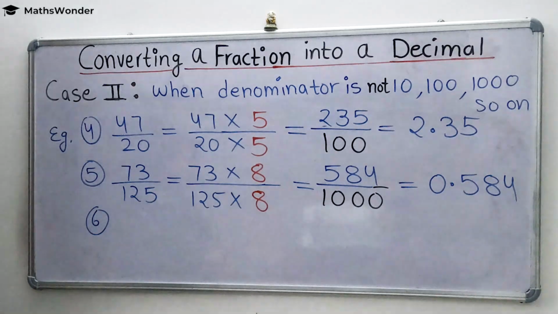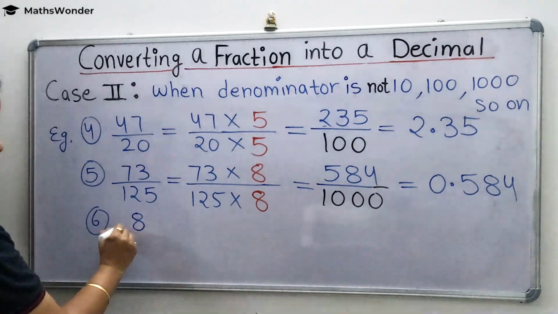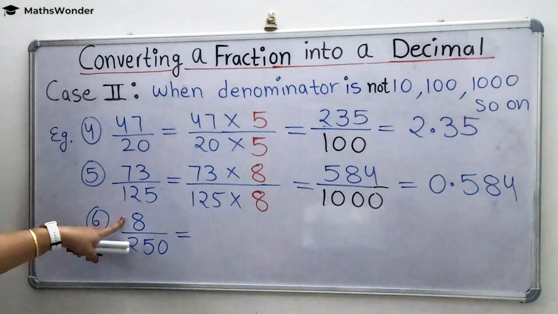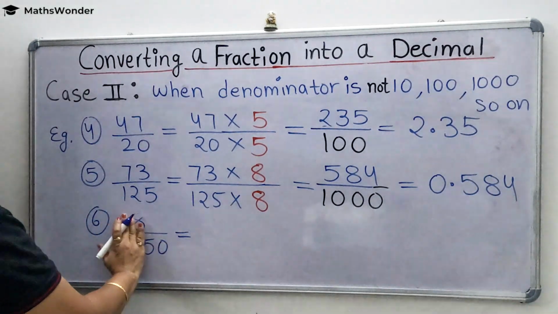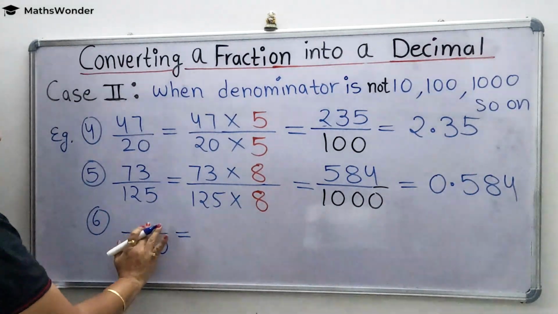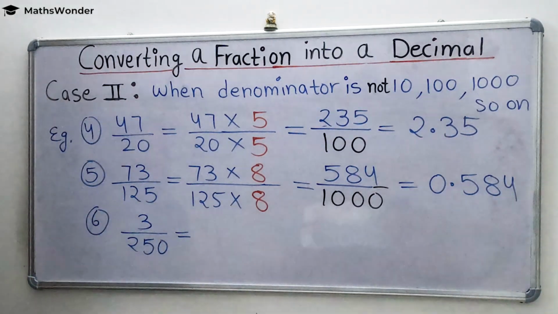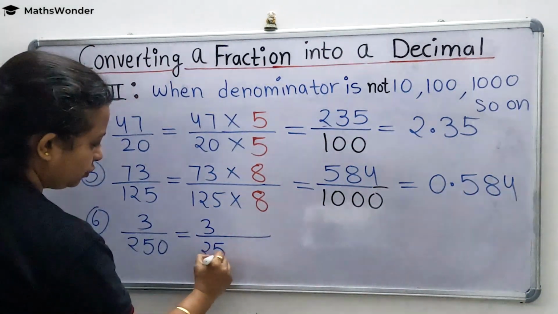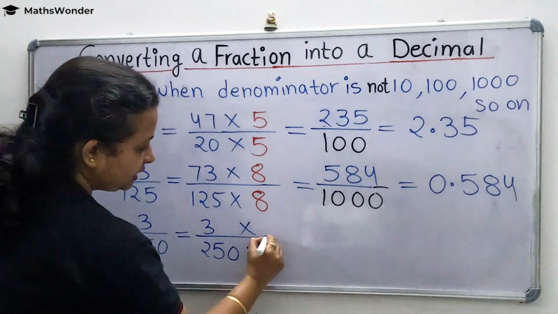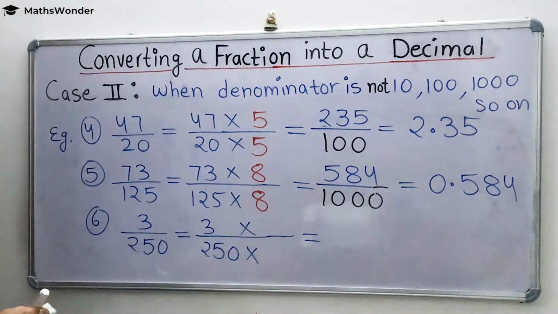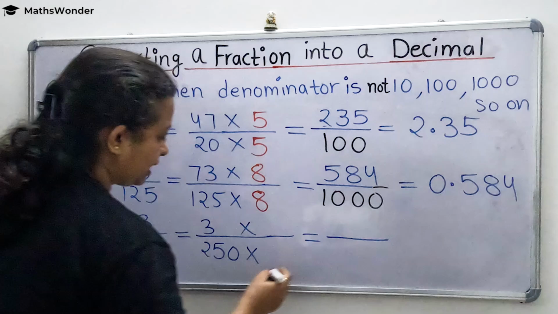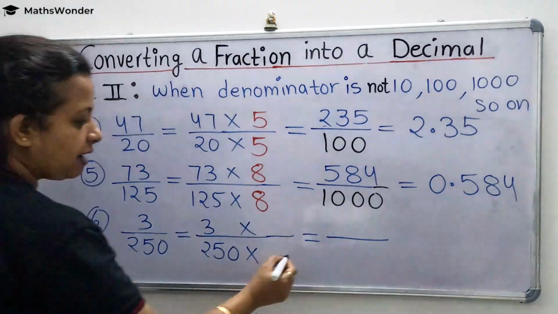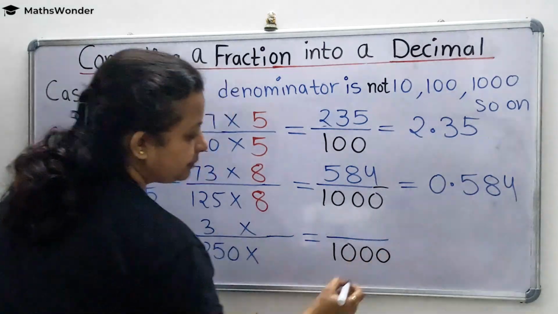Next example, if we have 250 in the denominator, 8 over 250. So don't simplify it. Suppose I give another number, like 3 over 250, which is not simplified. So what will you do? Multiply with a suitable number, which will give 1000. 250 will not come by 10 and 100, definitely you have to go to 1000.